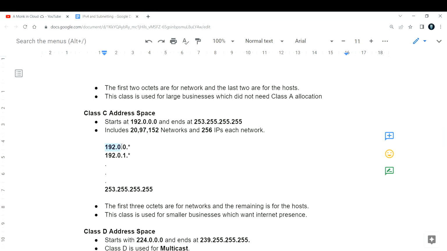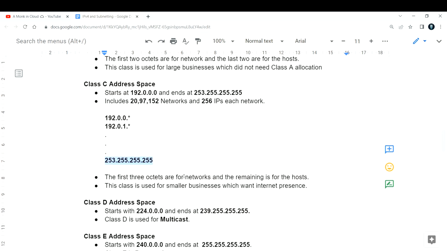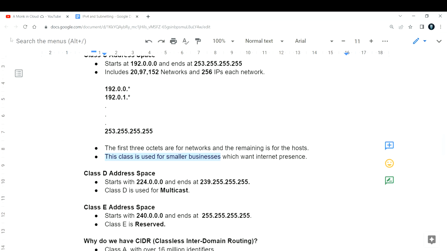It starts with 192.0.0, and the fourth octet can be anything, all the way to 255. The first three octets are for networks and the last one is for hosts, because you only have 256 IP addresses to allocate to your devices. So this class is used for smaller businesses.